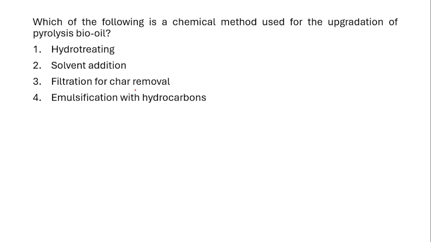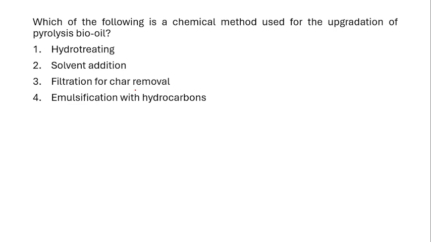Which of the following is a chemical method used for upgradation of pyrolysis bio-oil? We know that bio-oil and biochar are the two major products formed during pyrolysis. But the quality of the bio-oil is very low compared to diesel. It has a very low heating value because of higher water content.